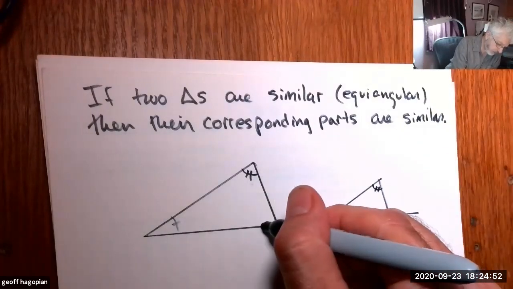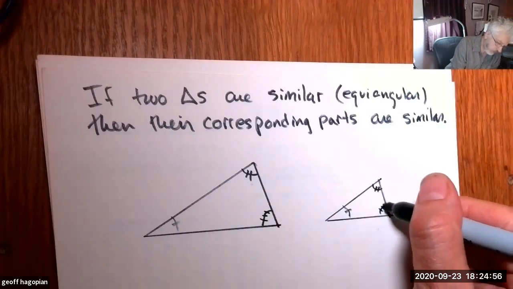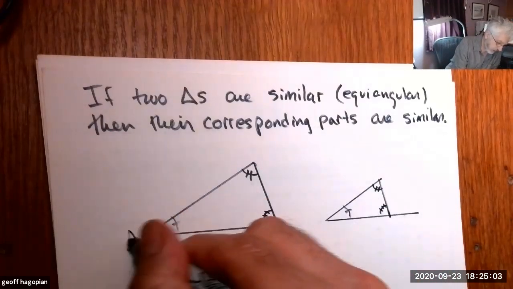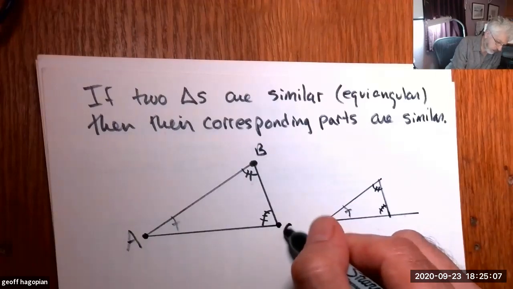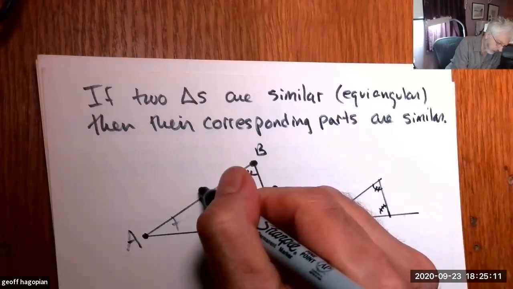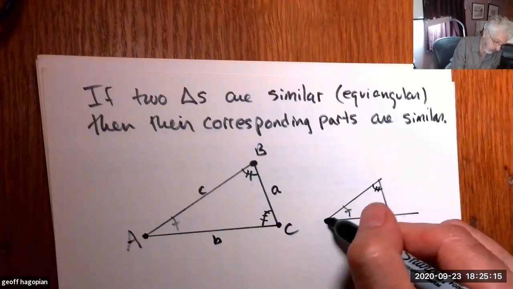So those angles, those are corresponding angles then, right? And if this is A, B, C, then it's customary to write little a, little b, and little c for the sides. And let's do the same thing here.